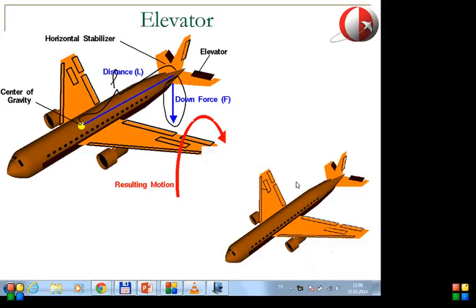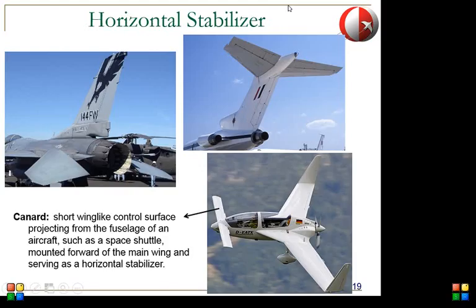Now let me show you some sample elevator designs from different aircraft. So I think this is Boeing 727. So anyway, as you see here, the horizontal section is above the fuselage. So it's at the tip of the vertical stabilizer. So this is a more conventional design where the horizontal stabilizer is at the same level as the fuselage.